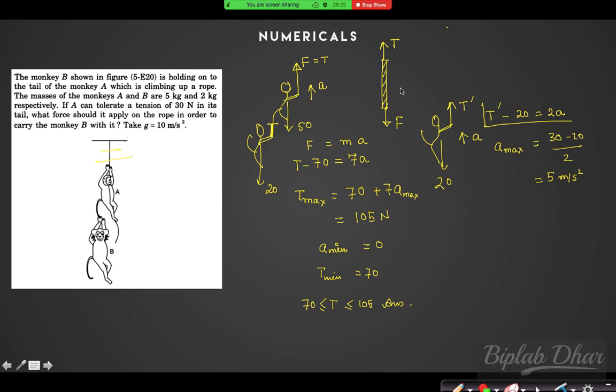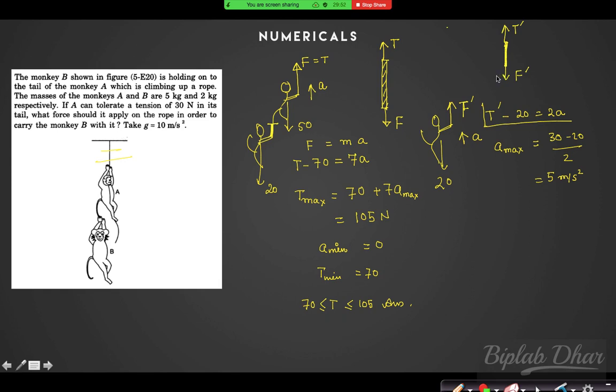At this portion, the upper tension is T prime and the lower tension is F prime, if you assume this to be F prime. Is there any other force on this tail? The tail is massless, so whatever the acceleration is, there will be no effect on that.